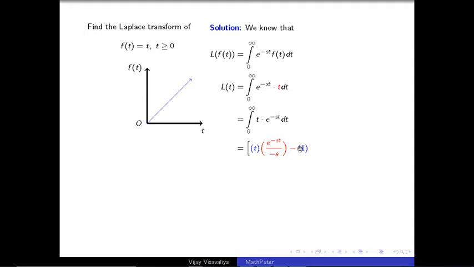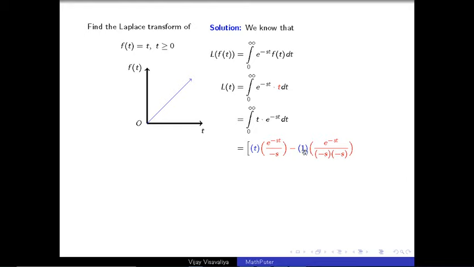The derivative of t is 1. We again integrate this quantity with respect to t, so it will be e raised to minus st upon minus s, again divided by minus s. What I did here, the blue color represents differentiation and the red color indicates integration.